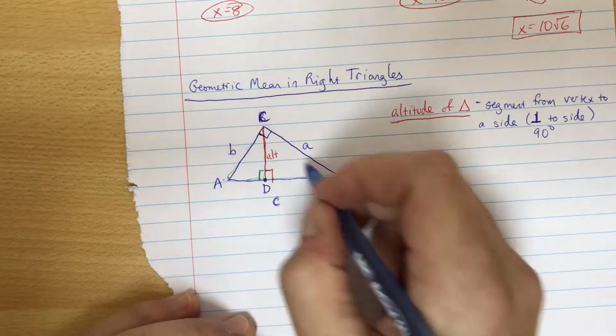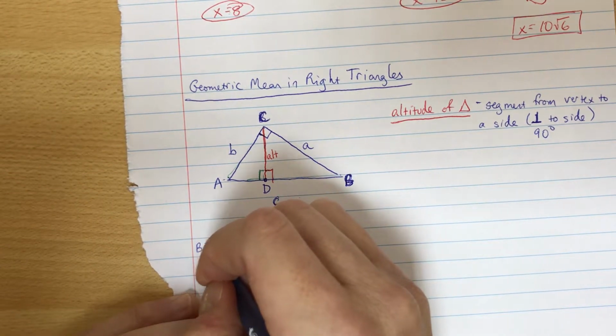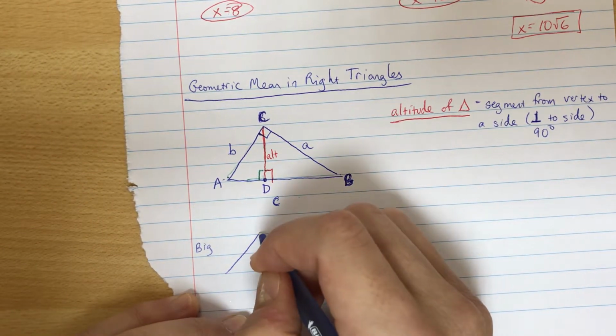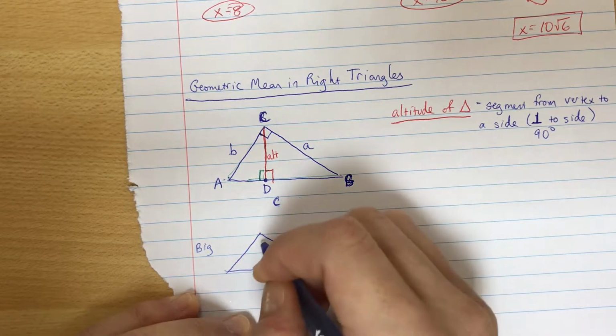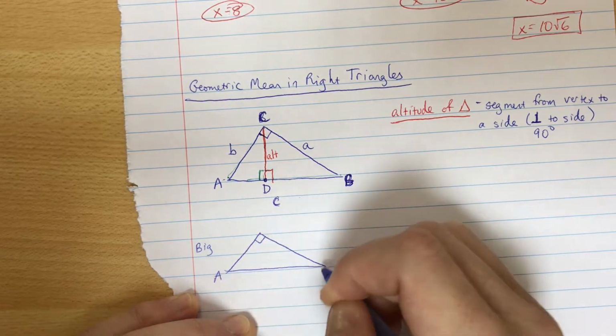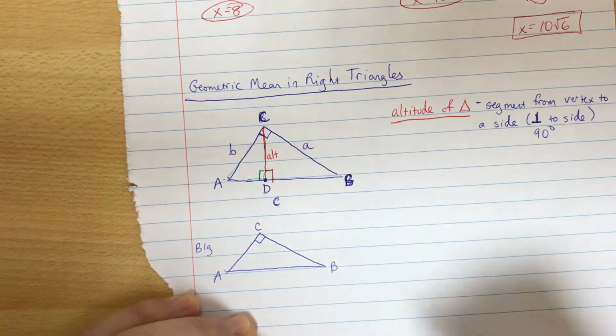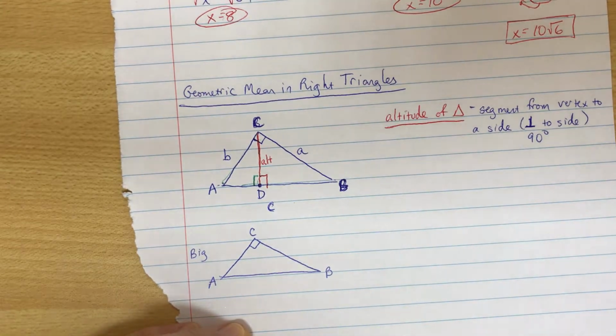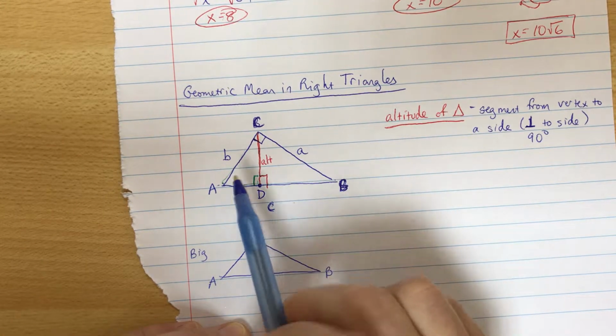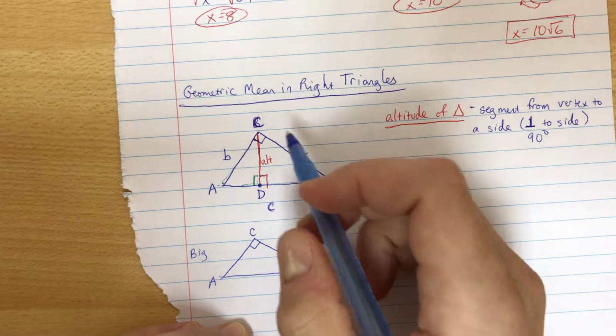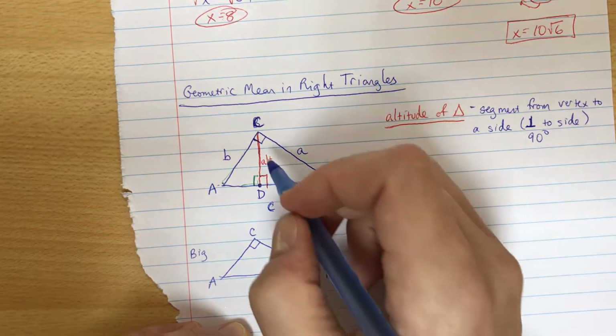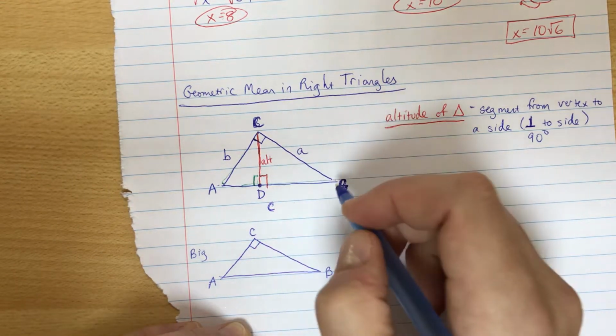If we take the big triangle, I'm going to redraw that. So there's A, B, C. And I'm going to label the original picture here again. We have the altitude.